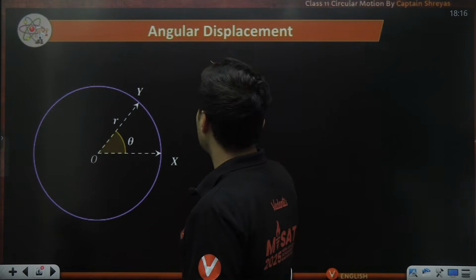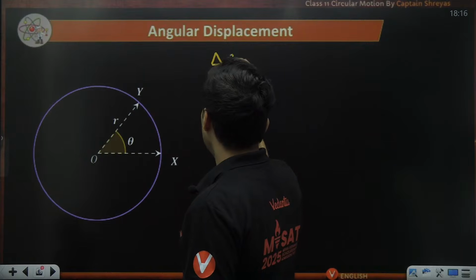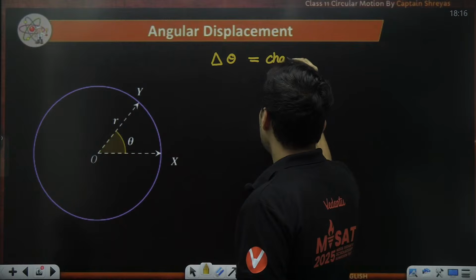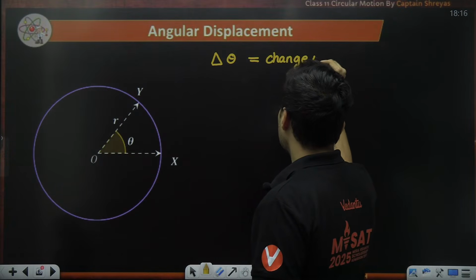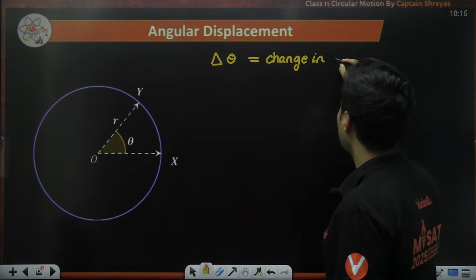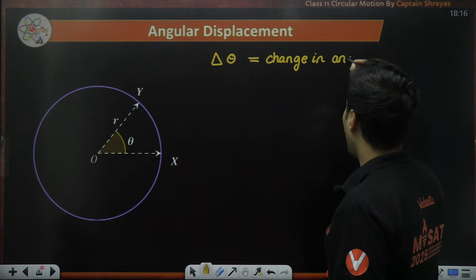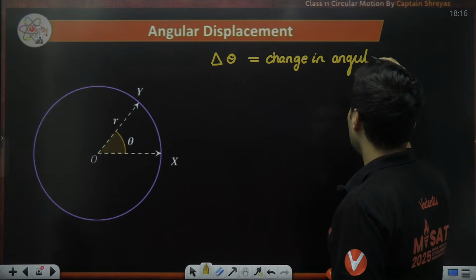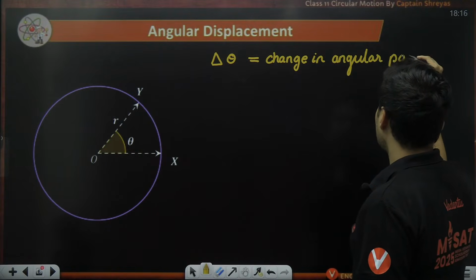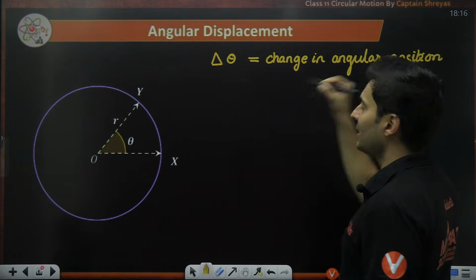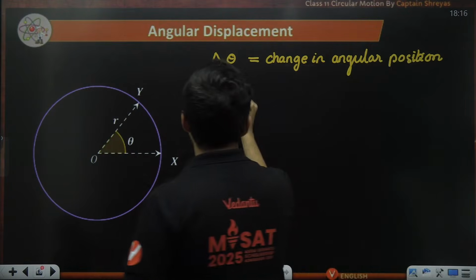Angular displacement has the symbol delta theta. Delta means change and theta means angular position, so it is the change in angular position, that is basically delta theta.